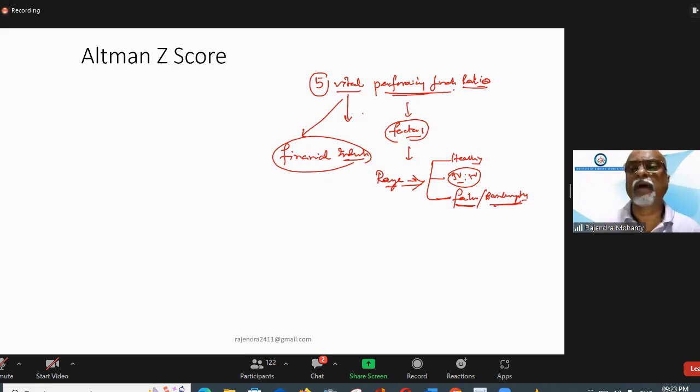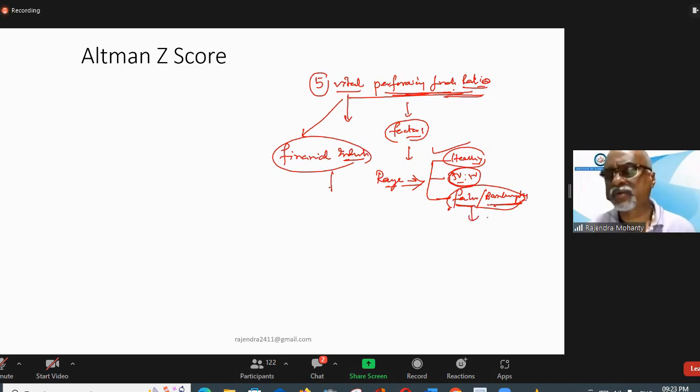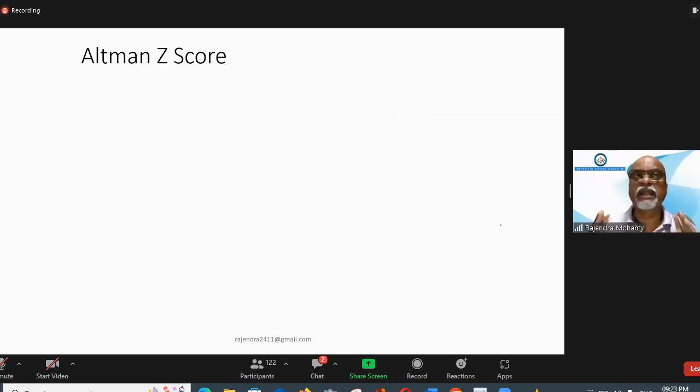If you have all these 5 vital ratios with you, you can calculate this, get the range, and predict whether your bank is going to face bankruptcy. For this failure or bankruptcy, he has also given that it may happen within a period of 1 year. That precision he has given. So this is basically the thing.